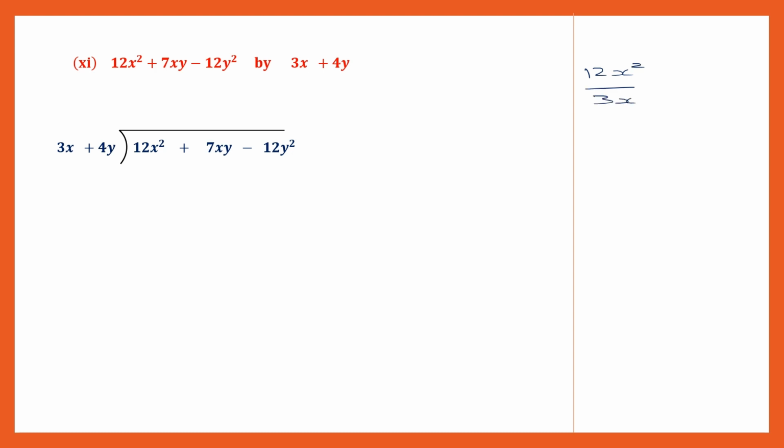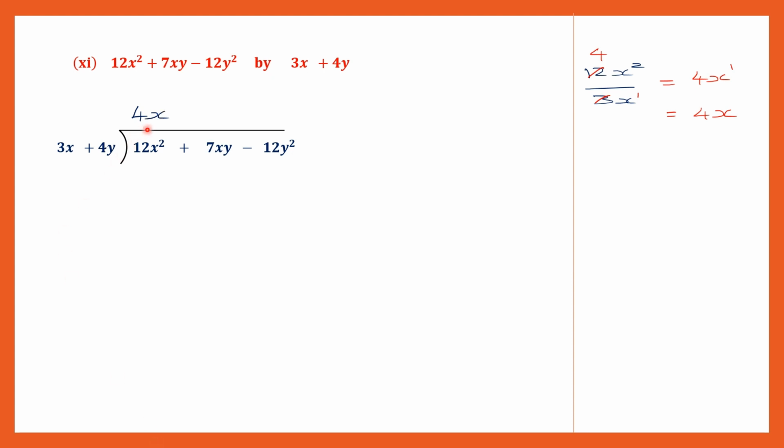So first we do the numbers. So that is 3 4s are 12. Then we have x squared minus x to the power of 1, which makes it 4, x to the power of 2 minus 1, which is 1. That is 4x. So 4x now becomes our quotient, the first term in the quotient.